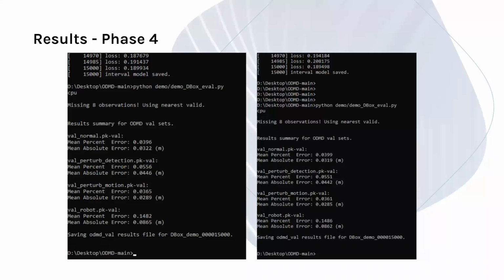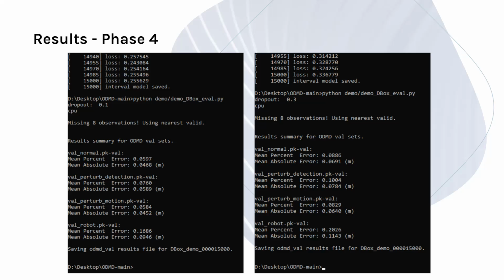The results show that DBox did not improve, and in fact, its performance suffered as a result of adding dropout. The error increased for going to dropout equals 0.1, and it increased even further when going to dropout equals 0.3.